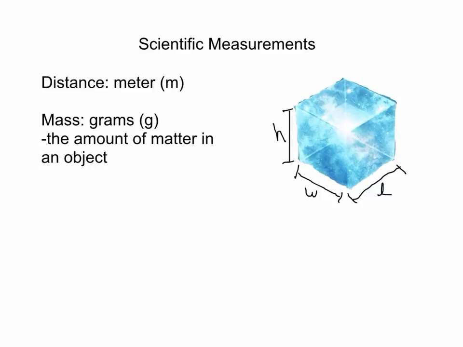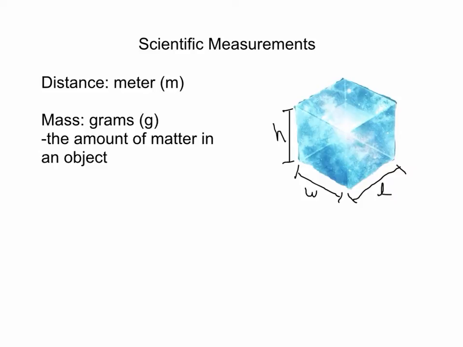Now this is very different than weight. If we talk about the weight of an object, that is a measure of the force of gravity acting upon some object. But the mass will never change no matter what the strength of gravity is where that object is located. It's just a measure of how much stuff is located in that object. So this cube, this Tesseract, has a certain mass that we can measure using a tool such as a balance.